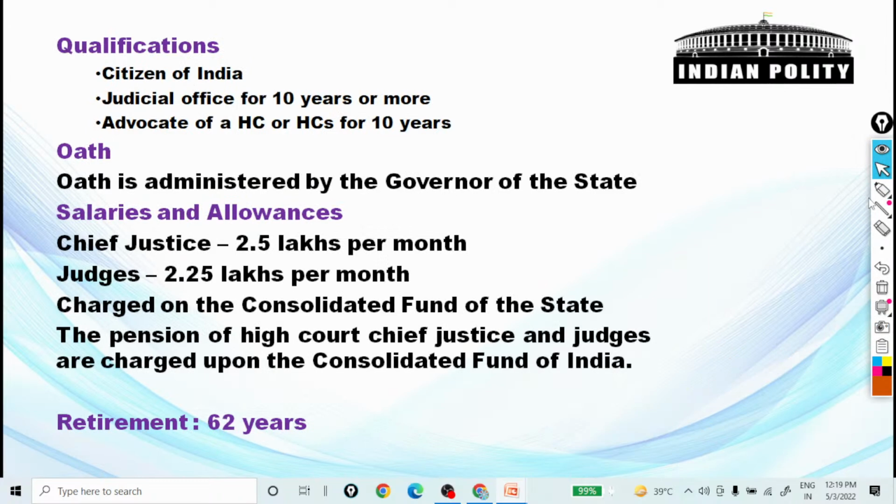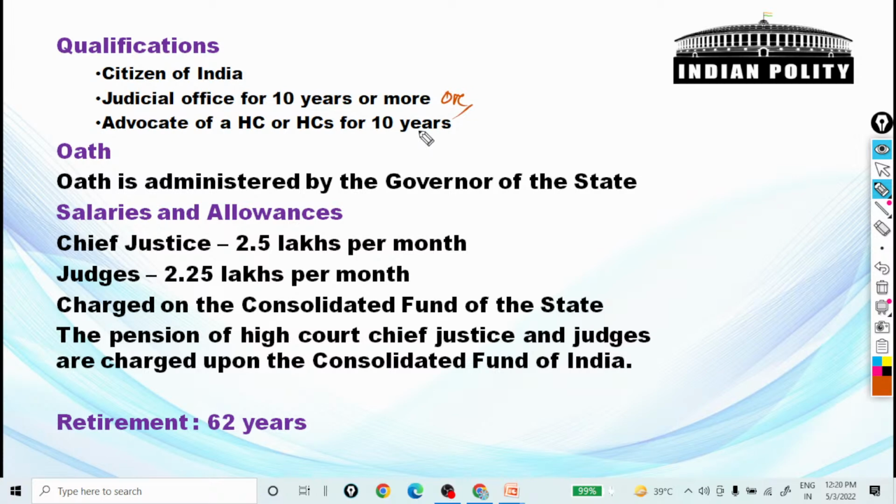Now let us discuss the qualifications required to be a judge of High Court under Article 124. The qualifications of the judges are mentioned in the Constitution: he must be a citizen of India, he must have held judicial office under the government of India or state government for 10 years or more, or he must have been an advocate of a High Court or High Courts for 10 years.